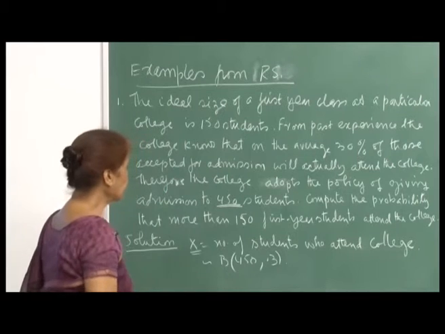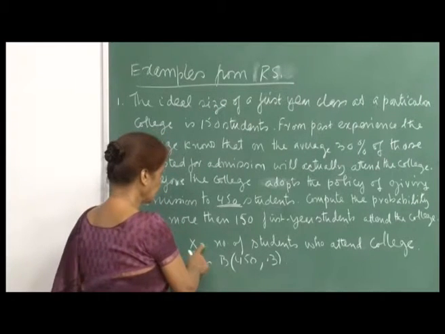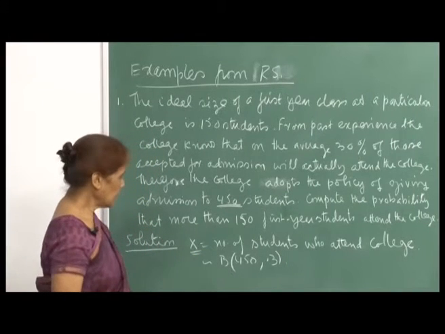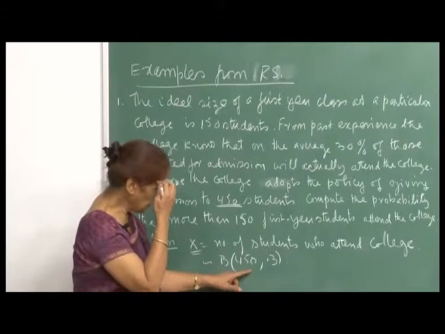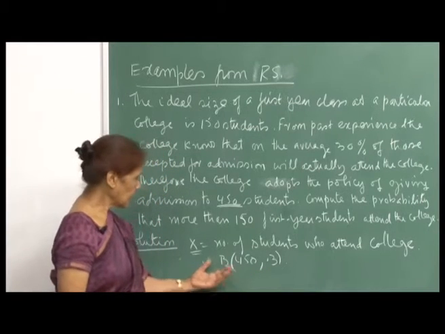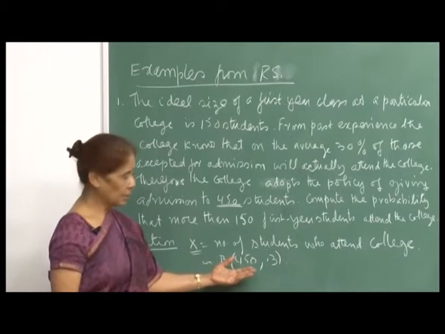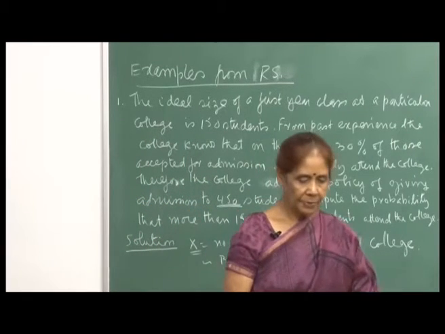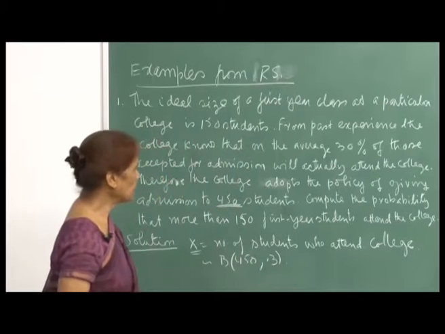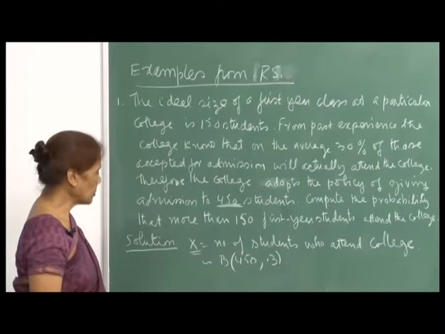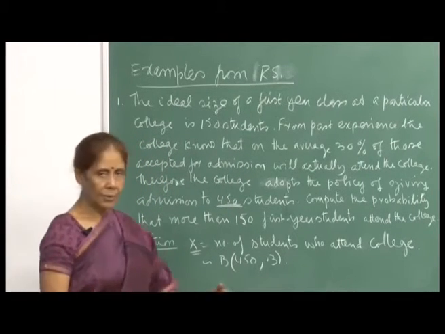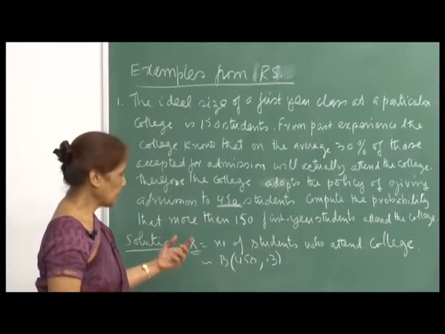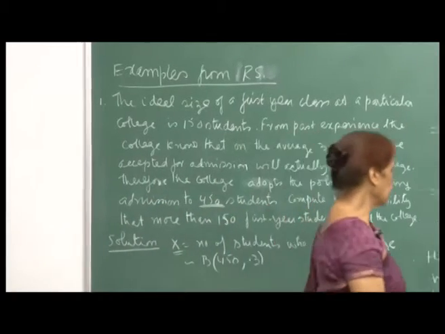So, out of 450 people, x will be the number of students who attend college, and so this will be a binomial random variable with n as 450 and p as 0.3. So, this is binomial 450 comma 0.3, because we are treating that the experiment has been performed, that means admissions have been offered to 450 students, and those who actually attend the college are a success. So, the number of successes is a binomial random variable.